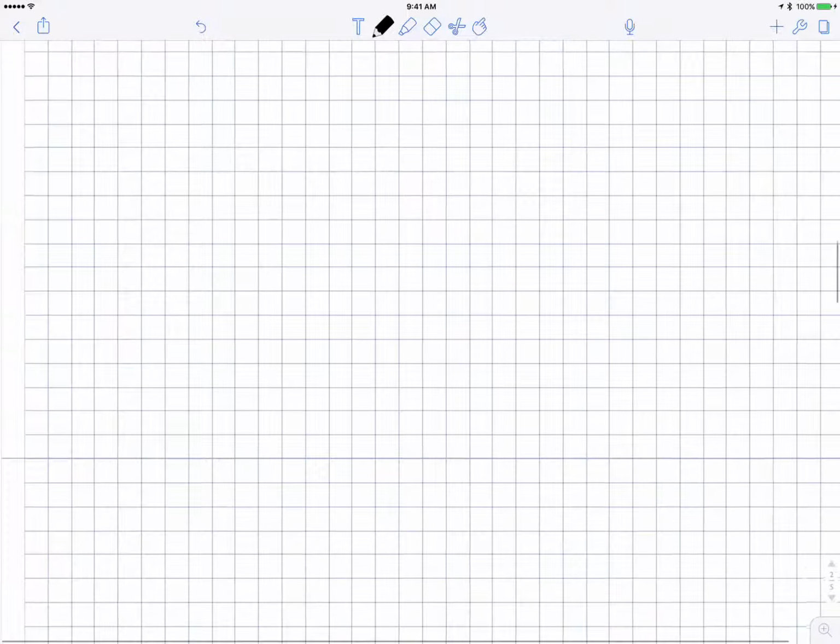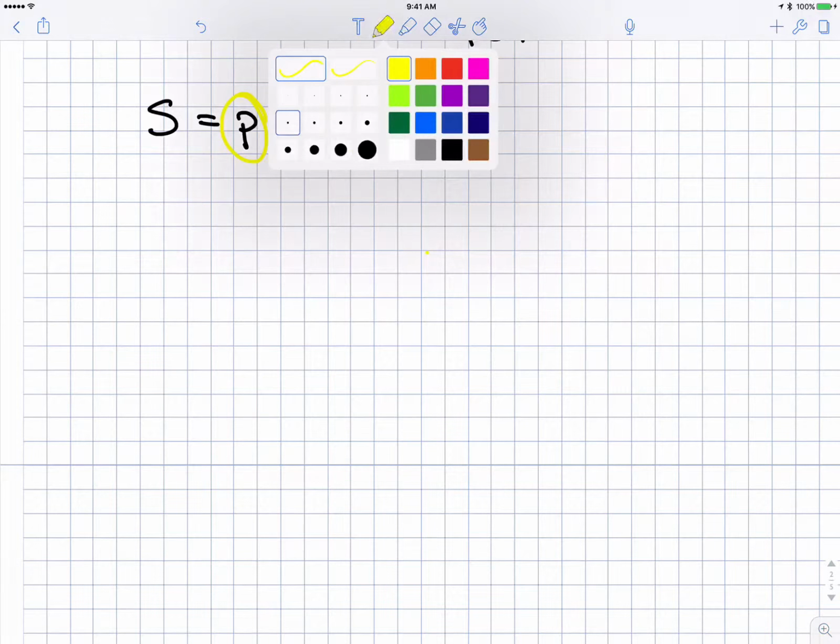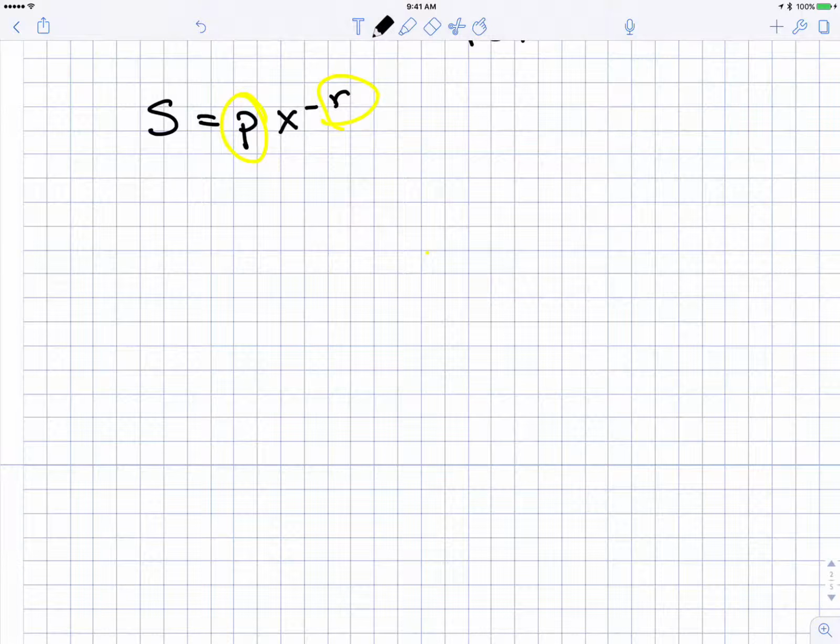So with that assumption that the slope is equal to p x to the minus r, we need to essentially figure out the values of r and p, and those values of p and r are essentially just the description of any particular volcano.